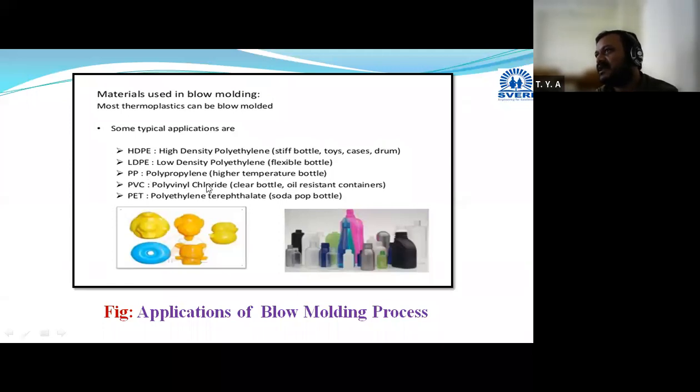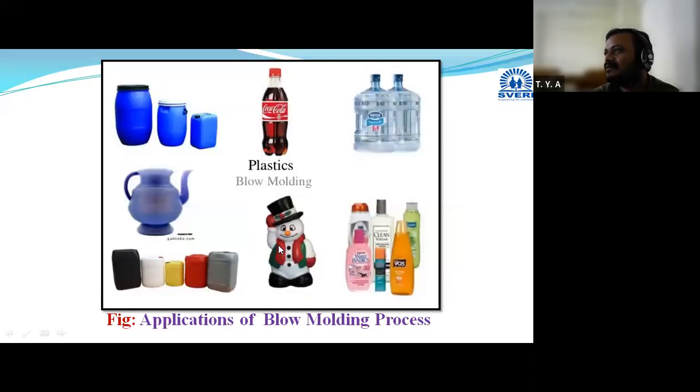Then PVC to manufacture transparent bottles or oil resistant containers. Then PET material, that is polyethylene terephthalate. Whichever cold drink, soft drink storage bottles or water bottles are there, we can manufacture with the help of this PET material. Then these are some applications.